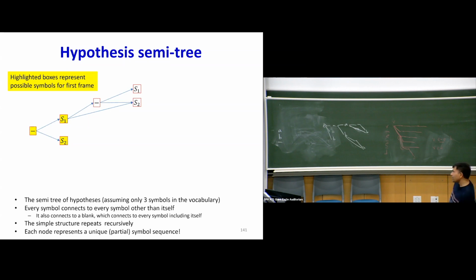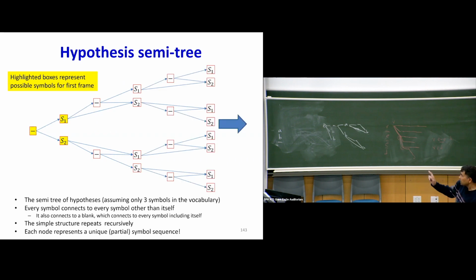Or the blank can be followed by an S2. So all possible extensions of S1 are shown by the node on top, correct? Similarly, an S2 can be followed by an S1, or it can be followed by a blank and an S1 or a blank and an S2. This is all possible ways of representing extending S2, right?